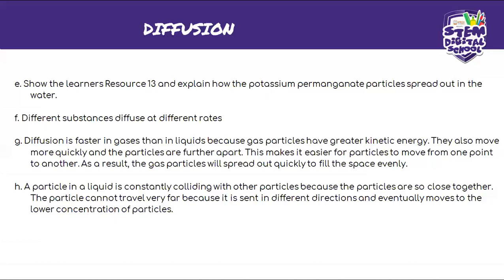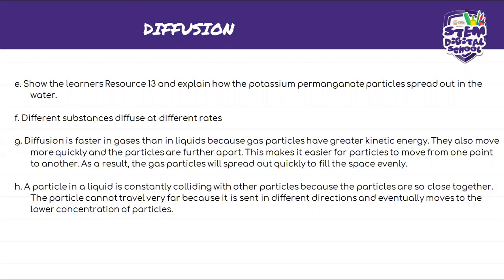So take note of this. Now this is the explanation for liquids. A particle in a liquid is constantly colliding with other particles because the particles are so close together.